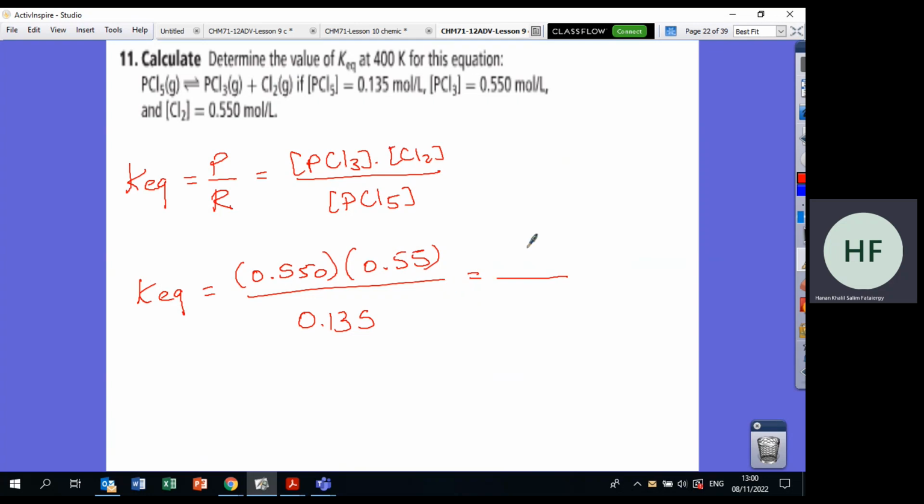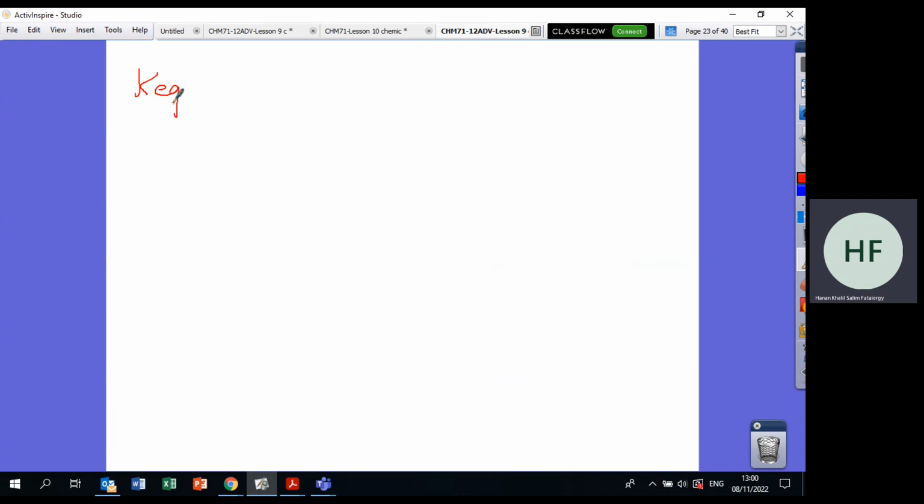Now, is the value of KEQ significant? Like if you got KEQ more than 1, less than 1, or equal to 1? You might get KEQ more than 1, KEQ less than 1, or KEQ equal to 1. When KEQ is more than 1, this means that P over R is more than 1.